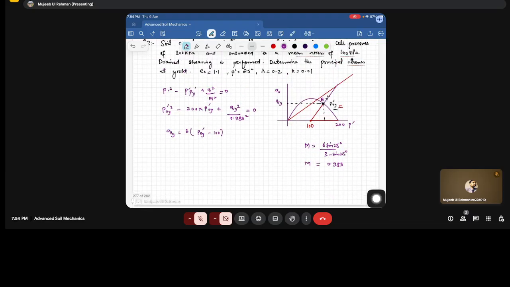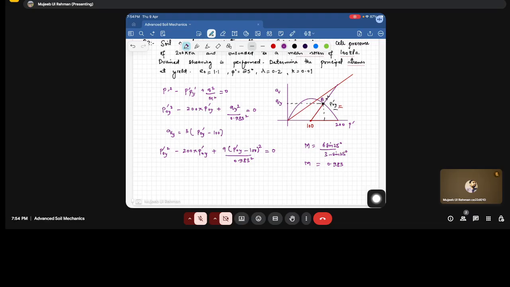So you replace this: p' naught y squared minus 200 times p' naught y plus 3 times 3, which is 9, times (p' minus 100) whole squared, divided by 0.983 whole squared, is equal to 0.